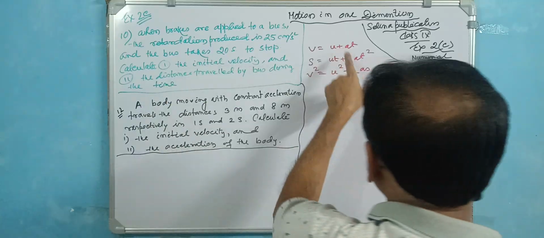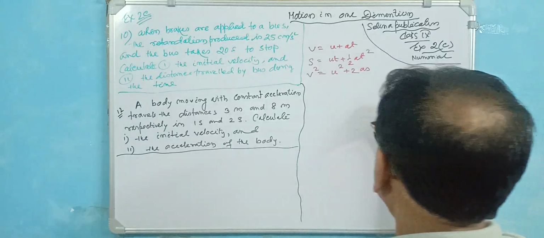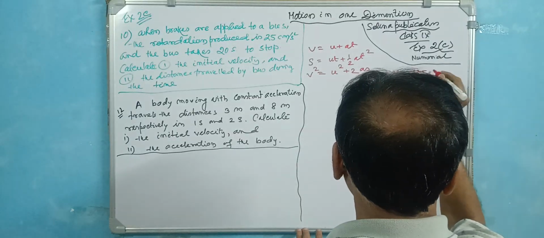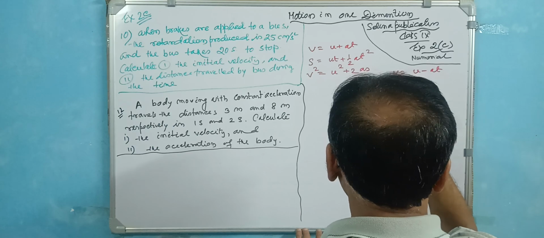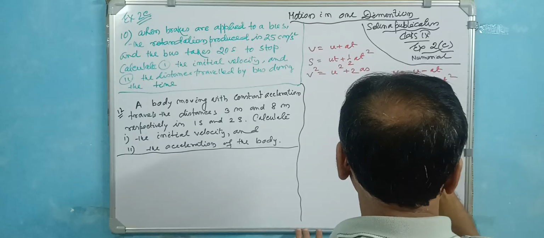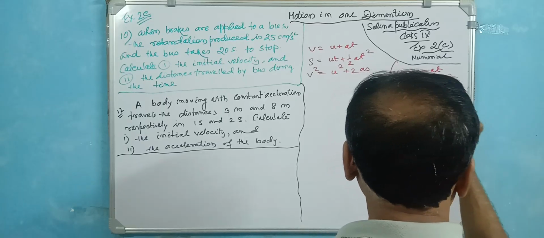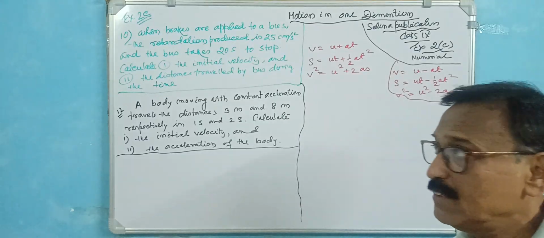If there is a retardation, you write V is equal to U minus AT, S is equal to UT minus half AT square, and V square is equal to U square minus twice AS, when that is a retardation, the negative acceleration.